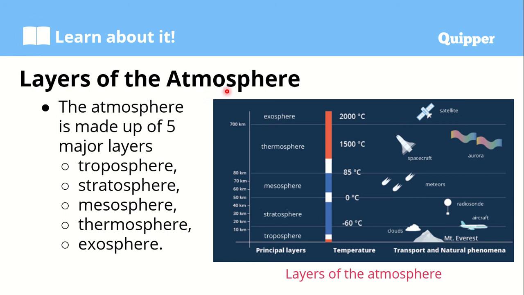Atmosphere also class is further divided into different layers. So the atmosphere is made up of 5 layers. We have here the troposphere, the stratosphere, the mesosphere, the thermosphere, and the exosphere. So this figure shows how these layers are arranged in our atmosphere.